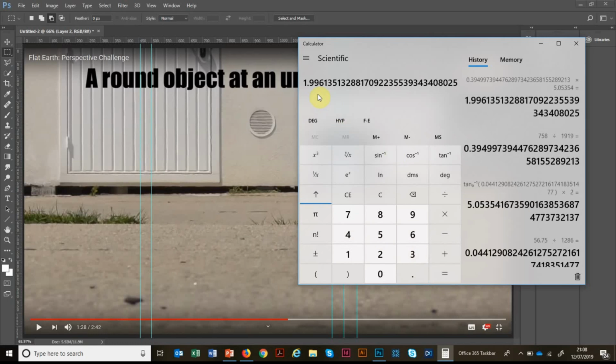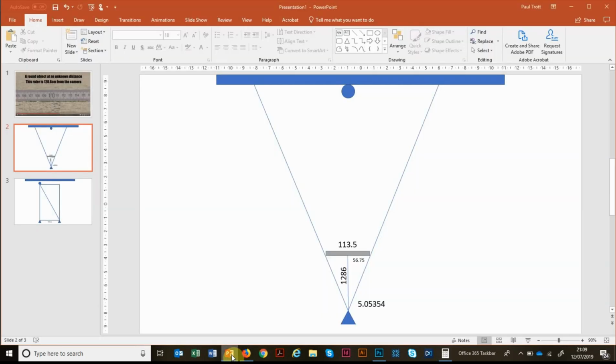So the ball has moved 2 degrees. Actually, to 3 decimal places, it's 1.996. Let's keep it 1.996 just to make it as awkward as possible.